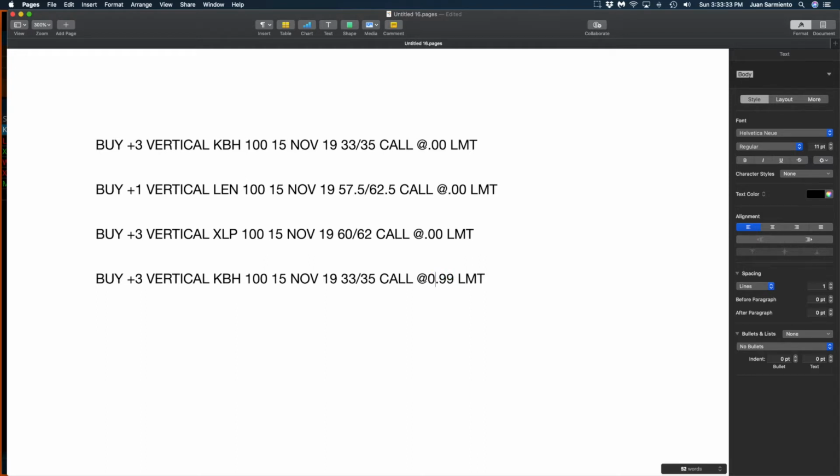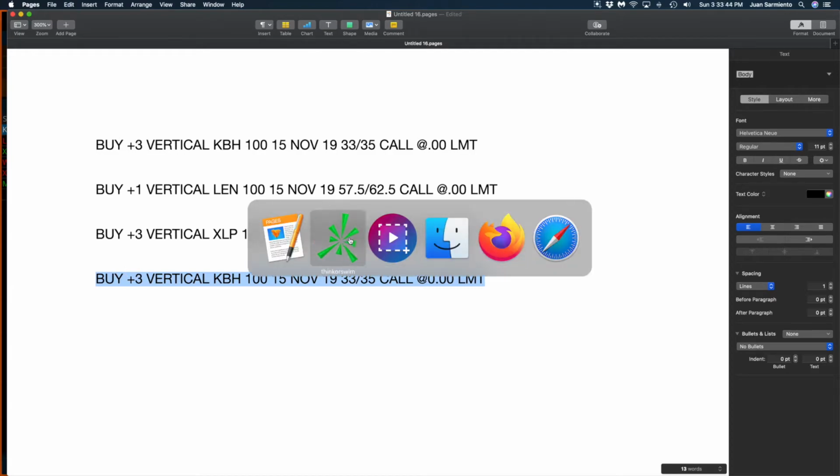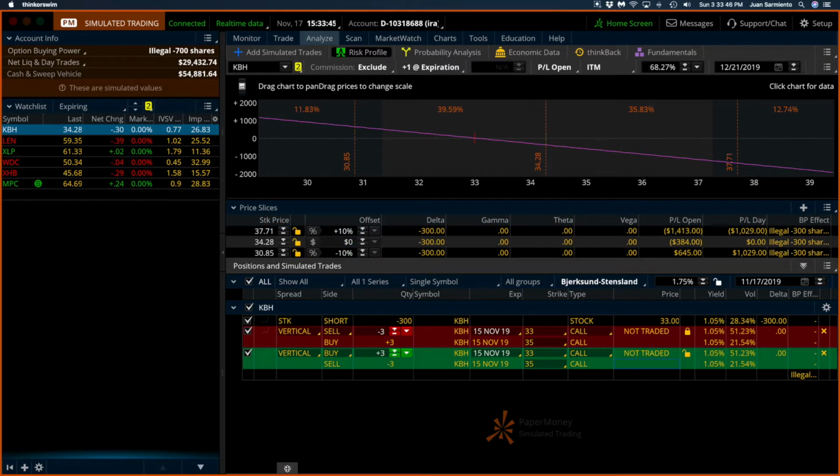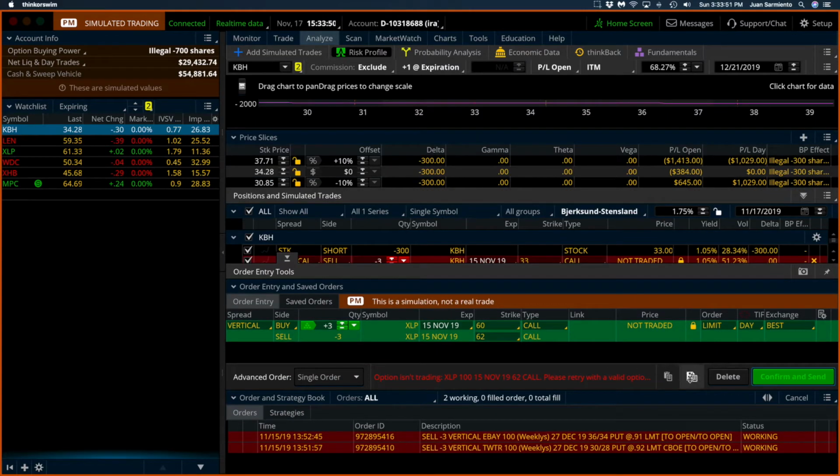Just a 0 would do. And then copy that back. Go back to the Analyze tab. Click this icon here and paste it by clicking here.